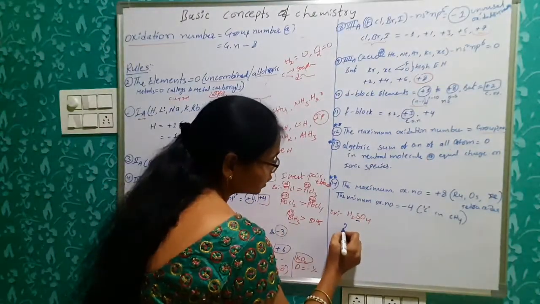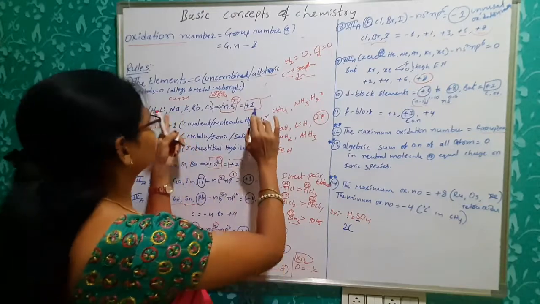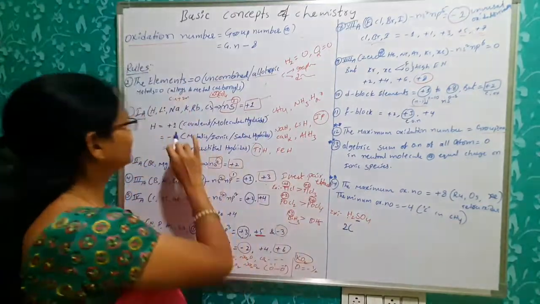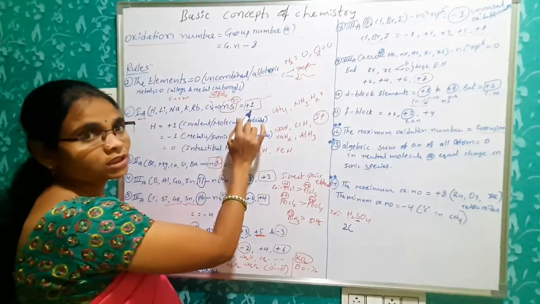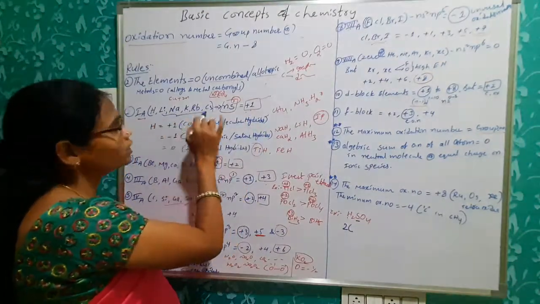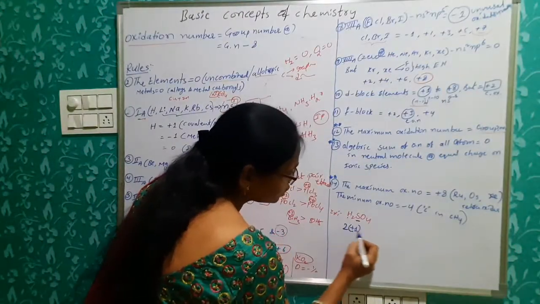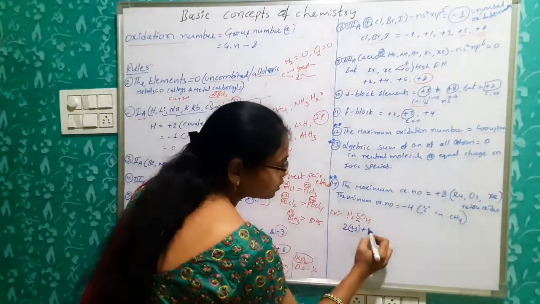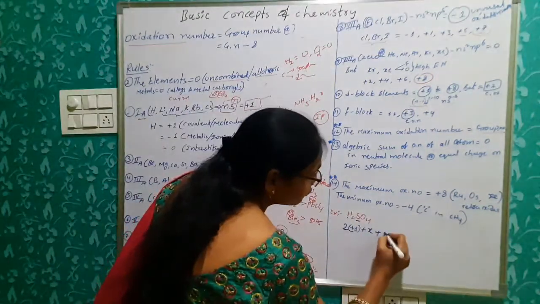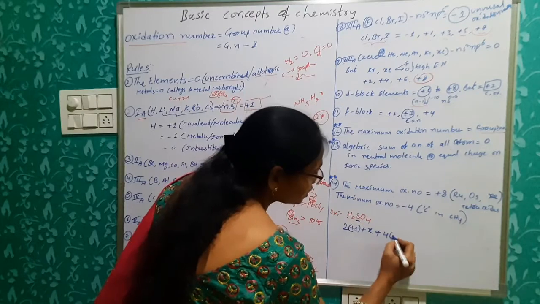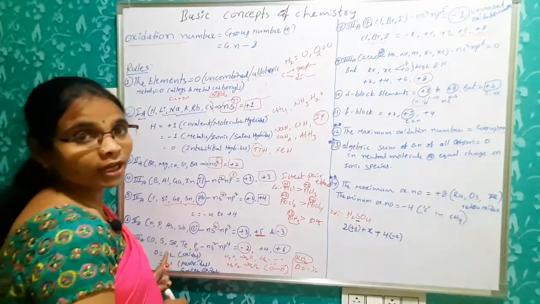Here there are 2 hydrogen atoms, each showing plus 1 oxidation number; only in hydrides does it vary. In the remaining compounds it shows plus 1. So 2 hydrogens plus sulfur, whose oxidation number we don't know, so imagine it as x, plus 4 oxygens. This is a common oxide, so the oxidation number of oxygen in common oxides is minus 2.